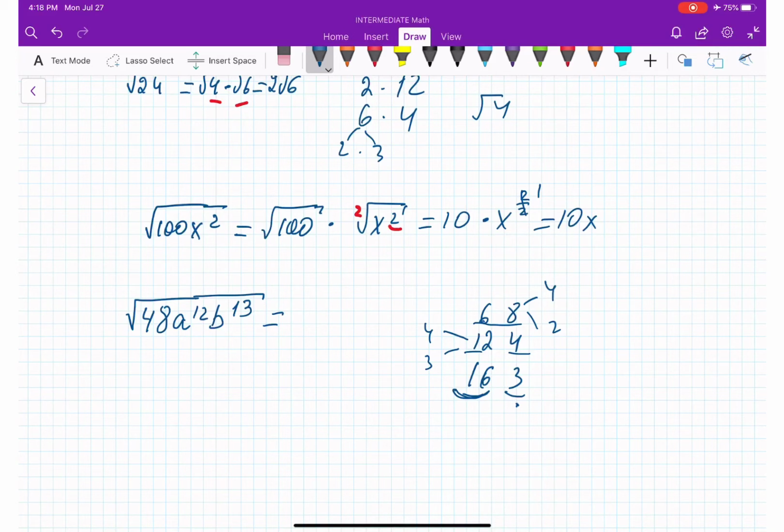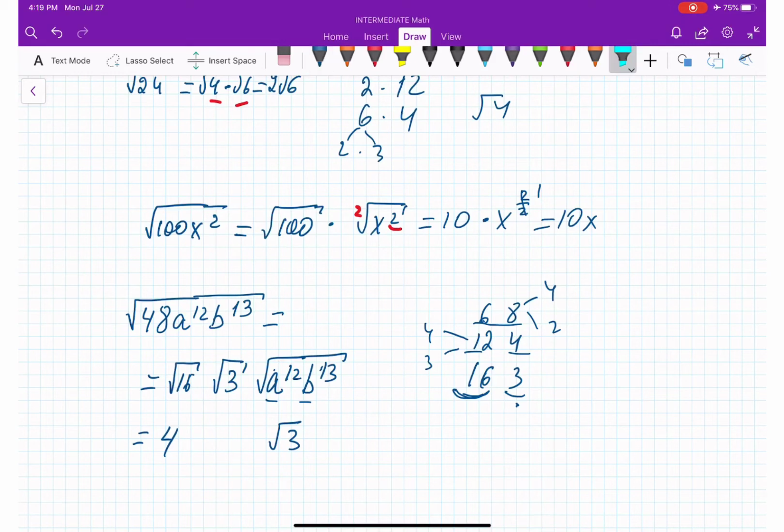We are going to do the square root of 16 times the square root of 3, and then the square root of a to 12, and I can write down b to 13. Okay, let's see, the square root of 16 is 4. Square root of 3 is going to stay the same. I'm writing here because I'm going to take out this a and b. So a to power 12. Remember what we do?